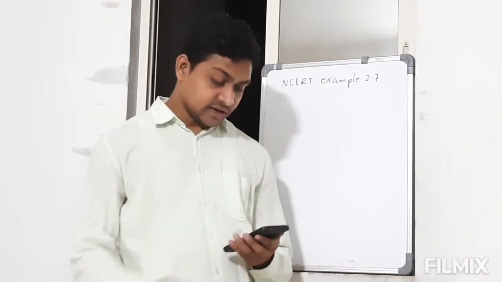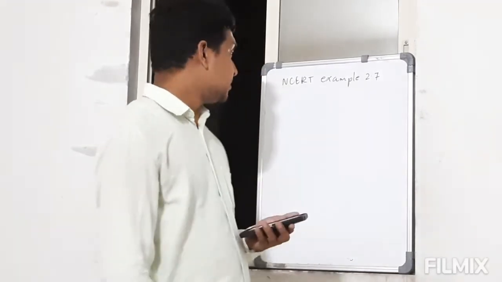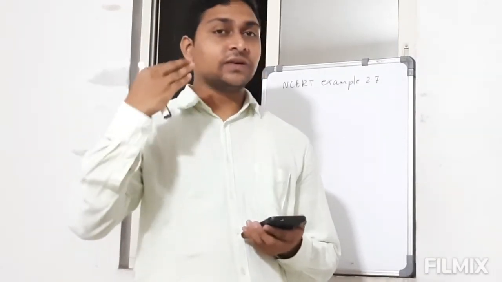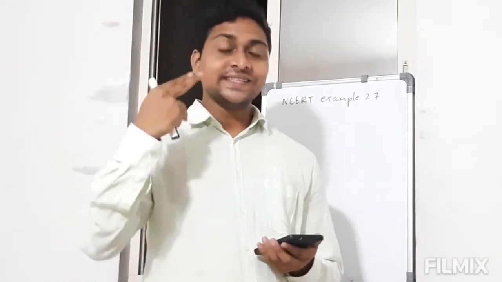The first question is, a comb run through one's dry hair attracts small bits of paper. Why? Here we can say that when the comb is run through dry hair, because of the friction it gets some charge, I think negative charge.